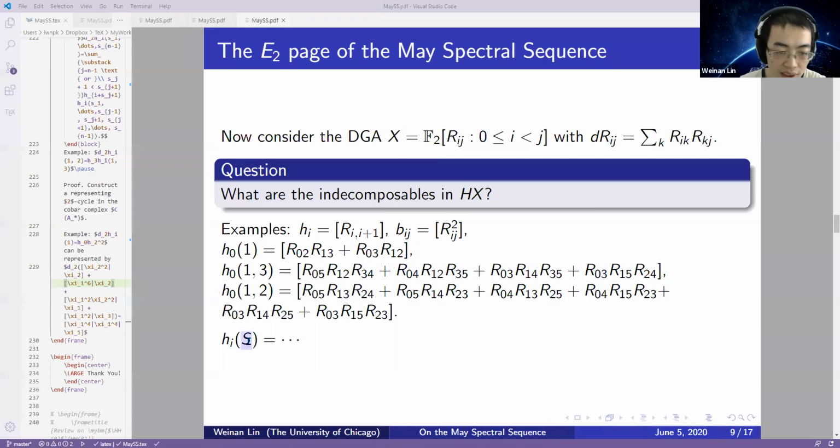And in general, May has defined a very large collection of these types of indecomposables. And here S is a sequence of numbers like 1, 1, 3, 1, 2. And you may wonder what S looks like in general. Though I will not repeat May's original definition, using the matrix trick I can tell you quickly what these elements are.